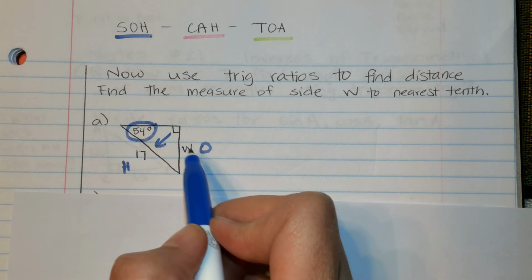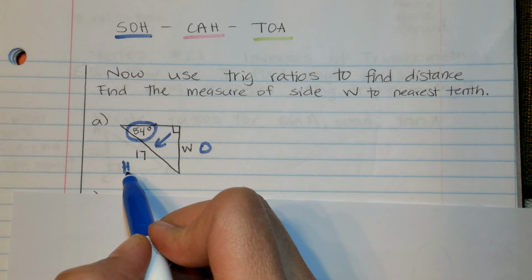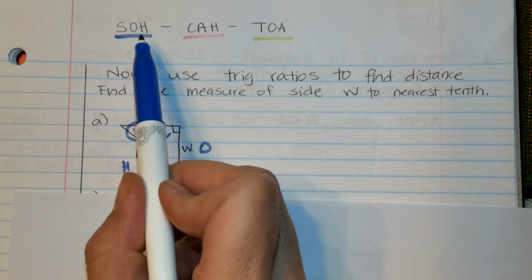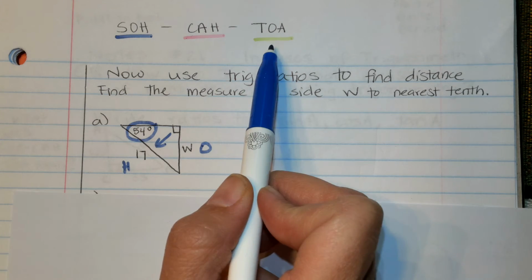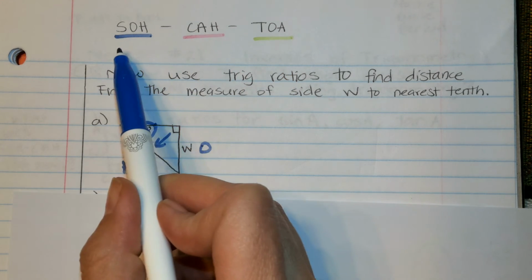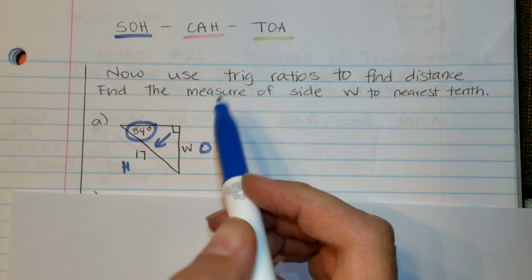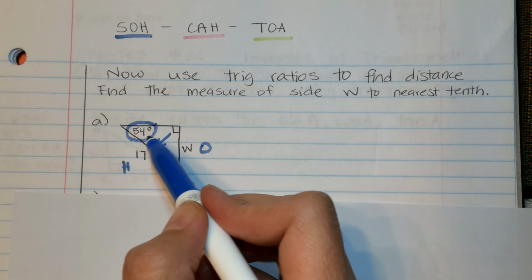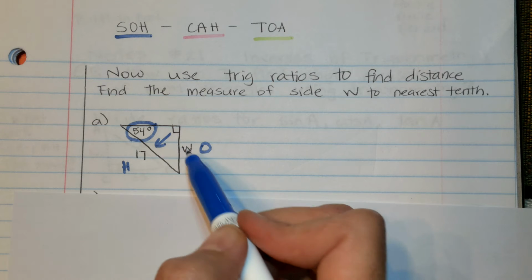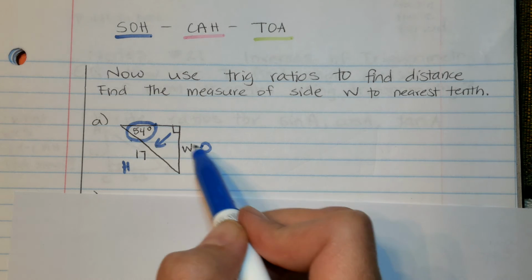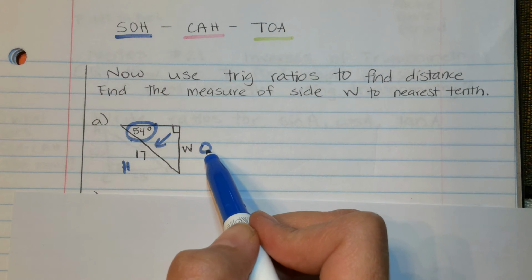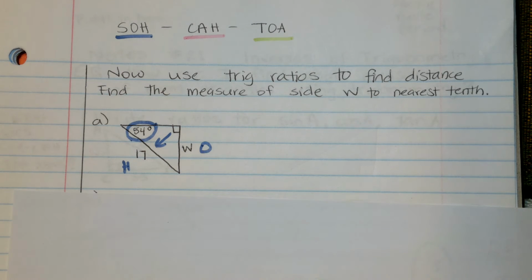So the only two I have are opposite and hypotenuse, O and H. If I look at SOHCAHTOA, that tells me which one to use, because otherwise I wouldn't know if it's sine or cosine or tangent. Since I circled the angle, and then identified the hypotenuse across from the right angle, which was given to me, and the one I'm trying to find is my opposite, I'm going to go ahead and use sine.